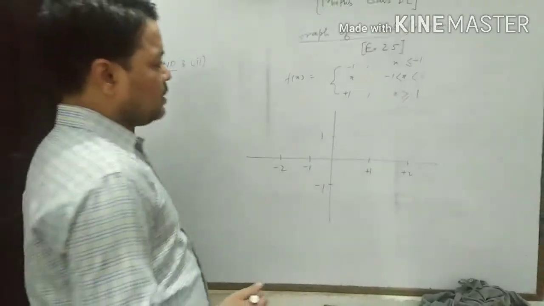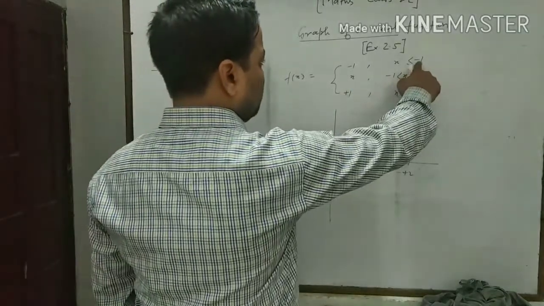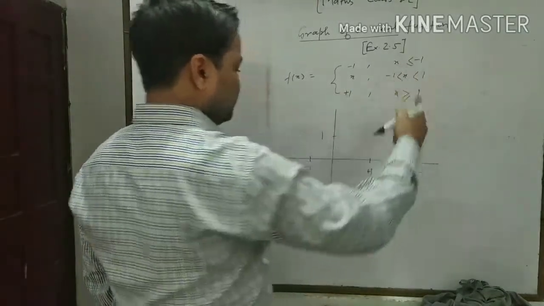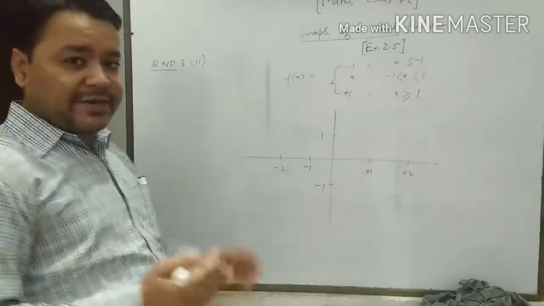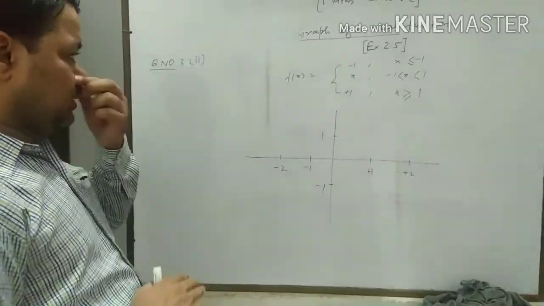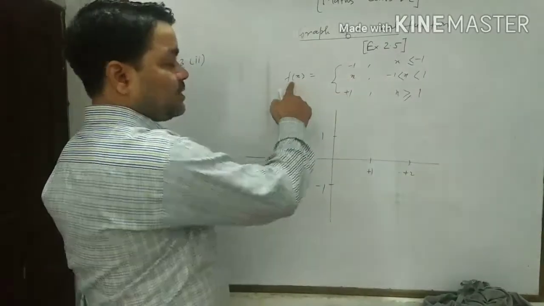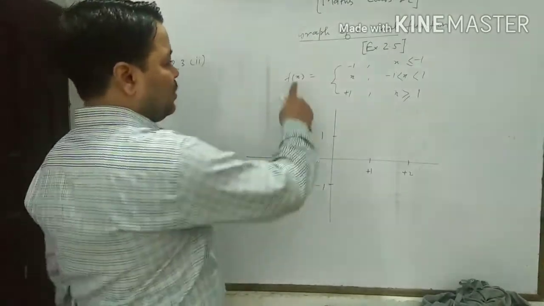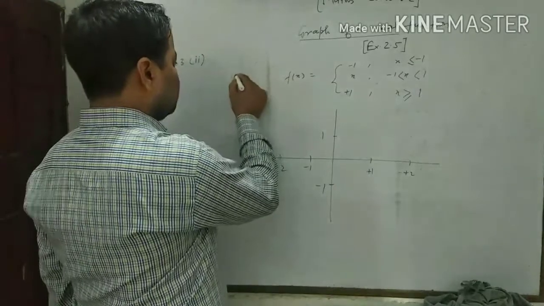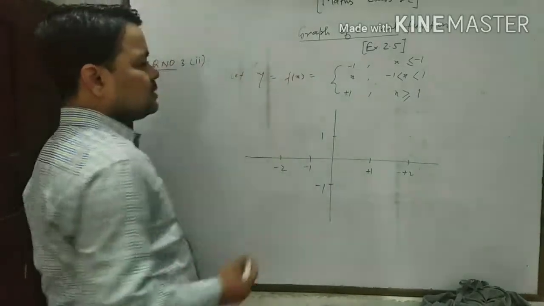Here the first condition: when the value of x is less than or equal to minus 1, what is the value of f of x? f of x means y. The value of y is equal to f of x.